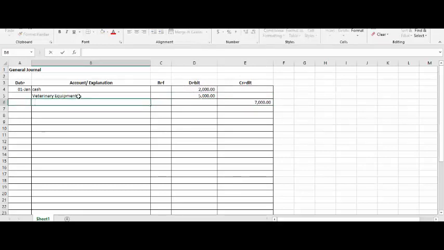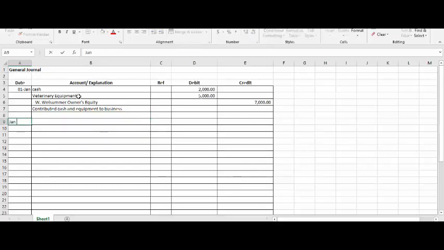It's going to be $7,000, and that is going to be made to Wendy Wellsummer, owner's equity. And then we should do a brief description. Contributed cash and equipment to business. So it balances: our assets are increasing, their debit entries, and our owner's equity is increasing, and that's a credit entry.